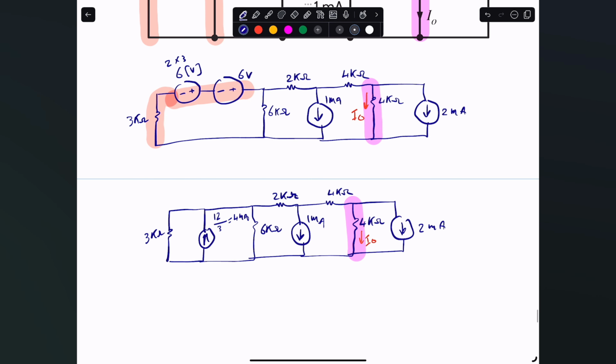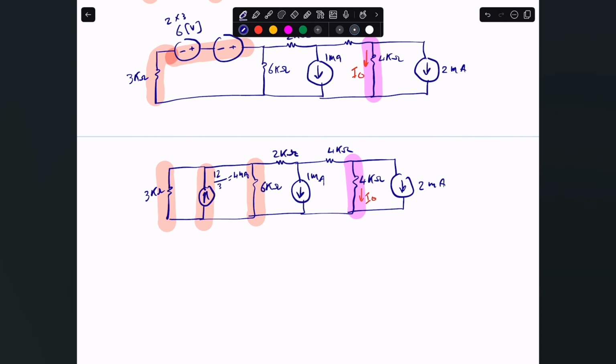Alright, so we take a look now. I believe these two can be combined: the 6 and 3 can be combined together in parallel, and of course we have this source. We convert the 6 and 3 in parallel to a voltage source. So it becomes a voltage source going back up down here, and that will be 6 in parallel with the 3, which is 6 times 3 divided by 6 plus 3.